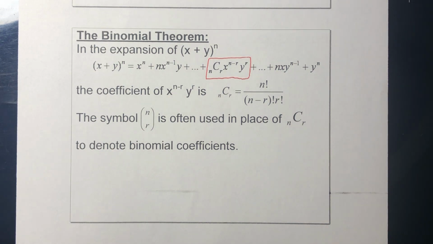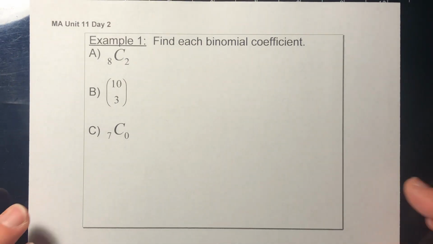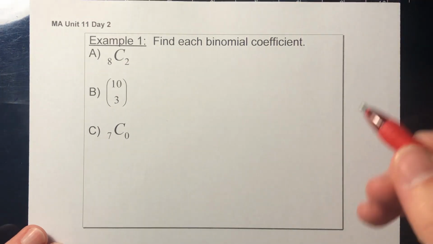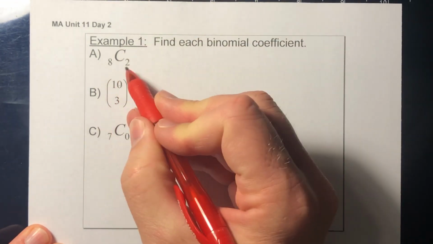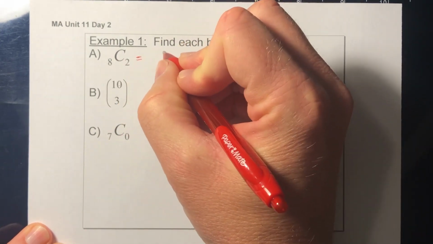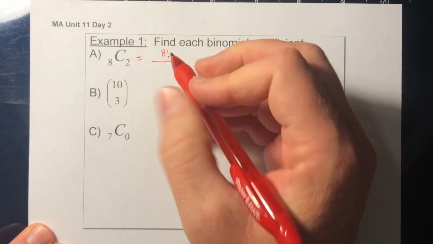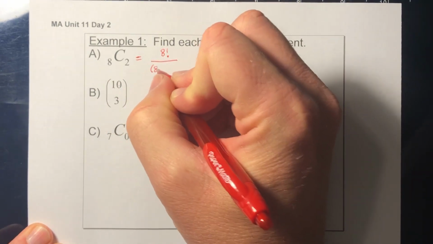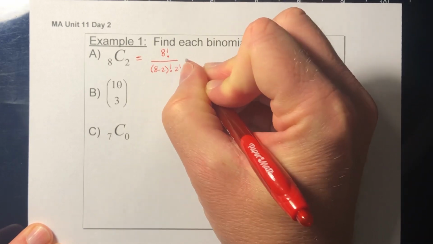All right, so let's first practice doing some combinations. So this 8C2, the n is 8, the r is 2. So if we were to expand this and simplify, it would be 8 factorial over 8 minus 2 factorial times 2 factorial.